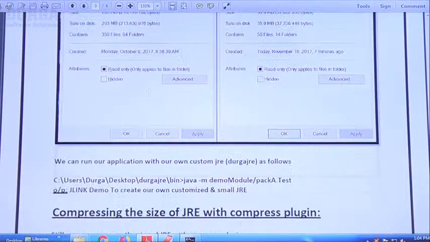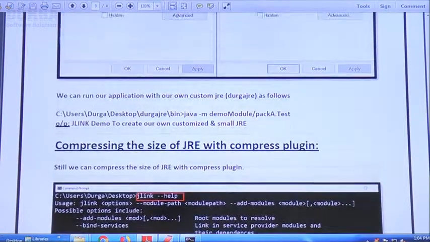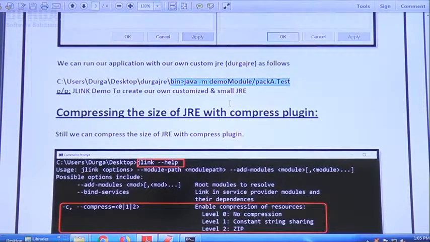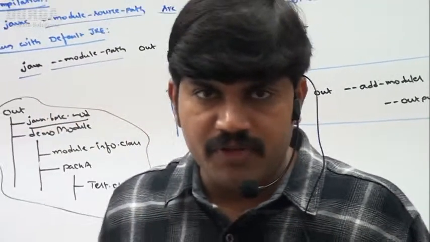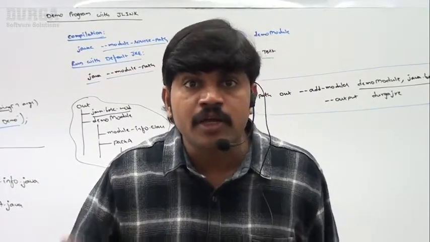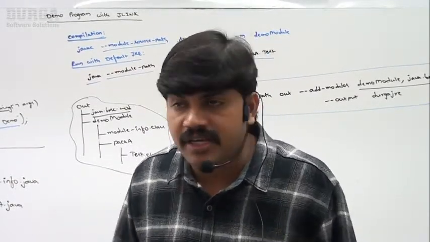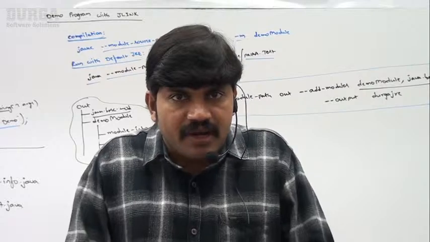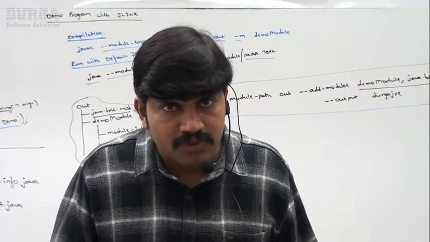Next, we can run our application with our own customized JRE: Durga JRE bin java -m demo module. Clear? So we covered how to run our program with the default JRE, with the customized JRE, and how to create a customized JRE with the JLink command. Not much explanation is required up to this. Okay, thank you, sir.